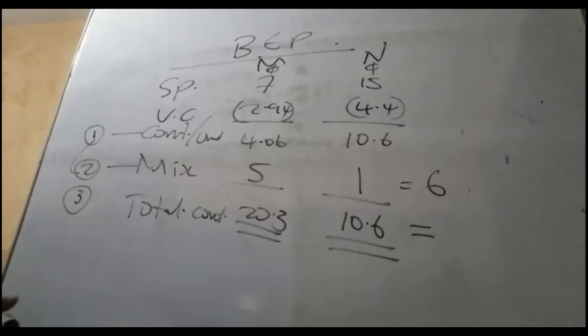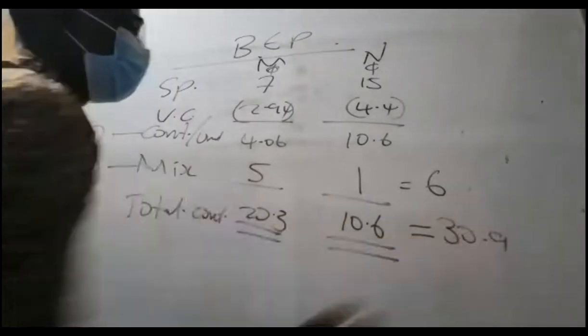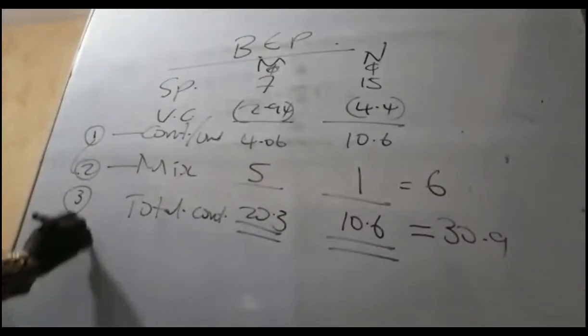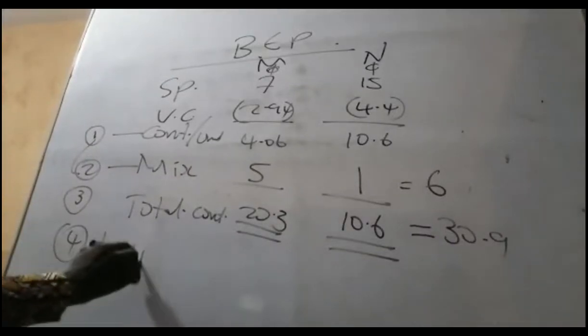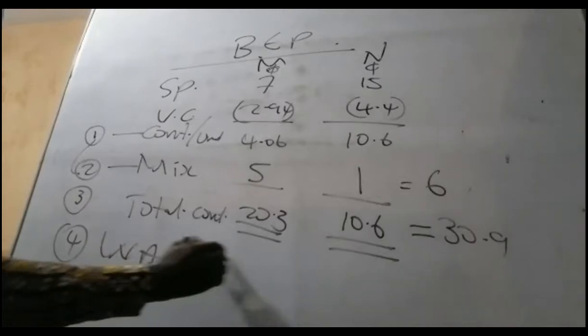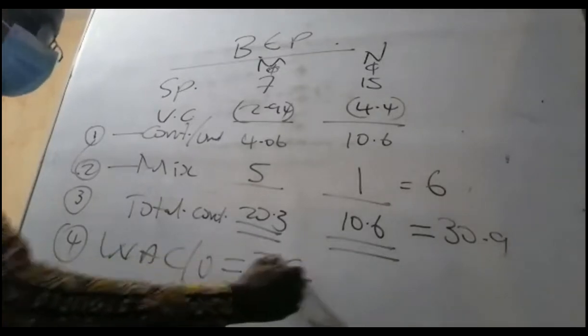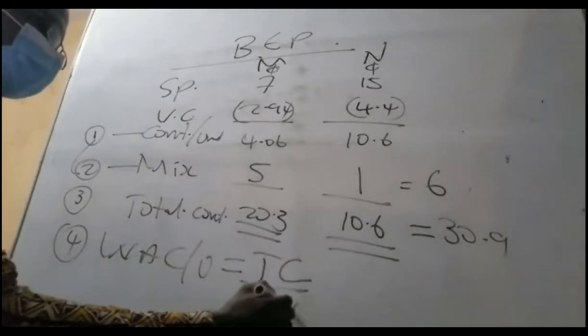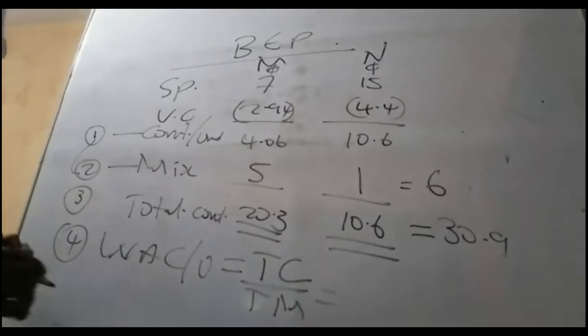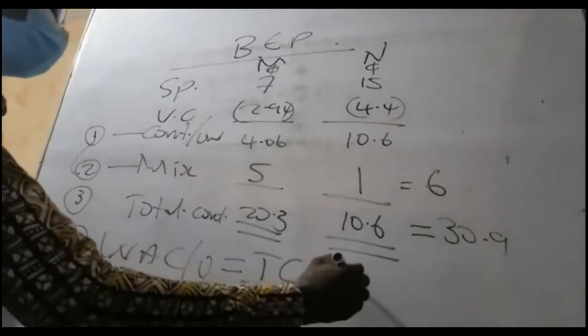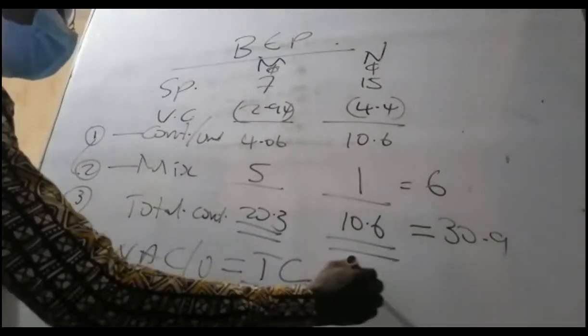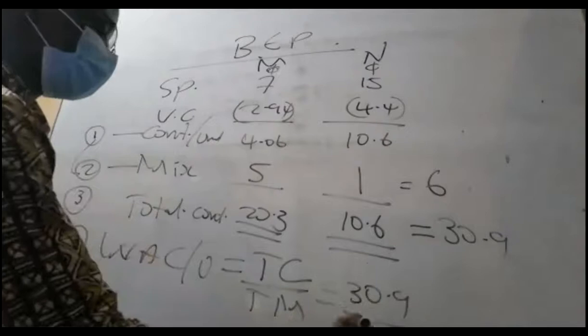So what's the overall total contribution? So that's the steps. Only 4 steps, 30.9. Therefore, the final step: weighted average contribution per unit is equal to your total contribution over total mix. So now just substitute smoothly. 30.9 over 6.